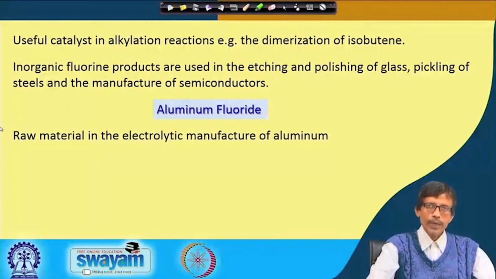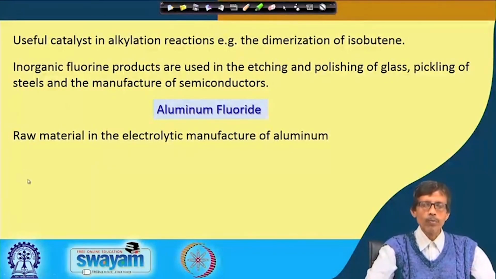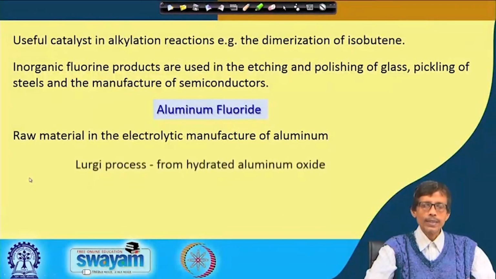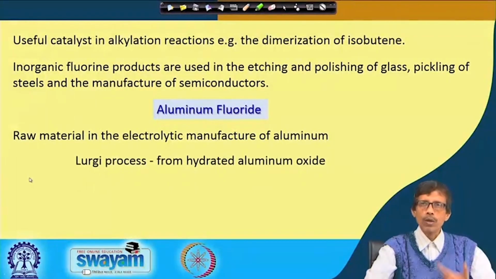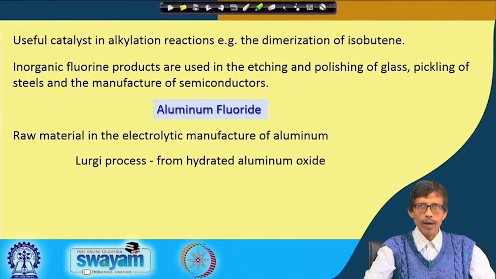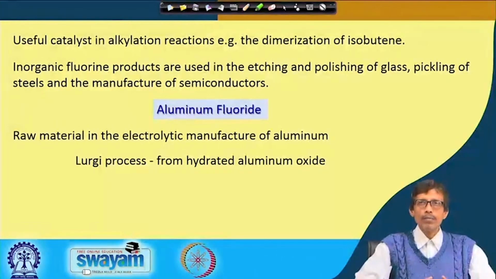So the amount of aluminum fluoride in a particular material should be enriched such that this can be converted to synthetically prepared cryolite, if you are able to make it in industry, not the naturally available cryolite, which is Na3AlF6.